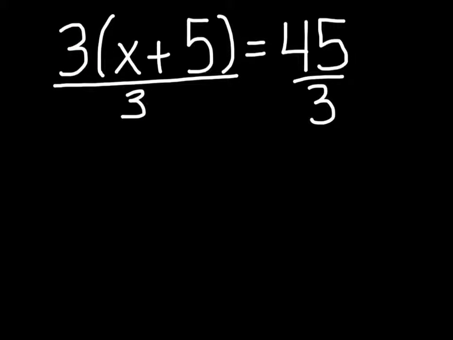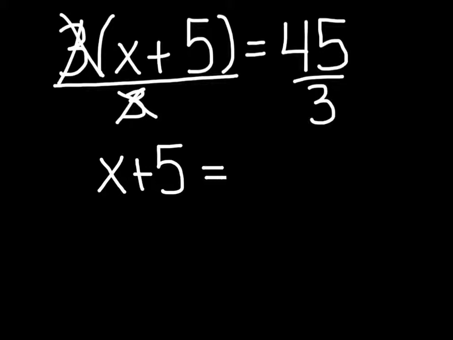They cancel each other out. No more 3s. So what do I have left on this side all by itself? My quantity, x plus 5. And 45 divided by 3 equals 15.